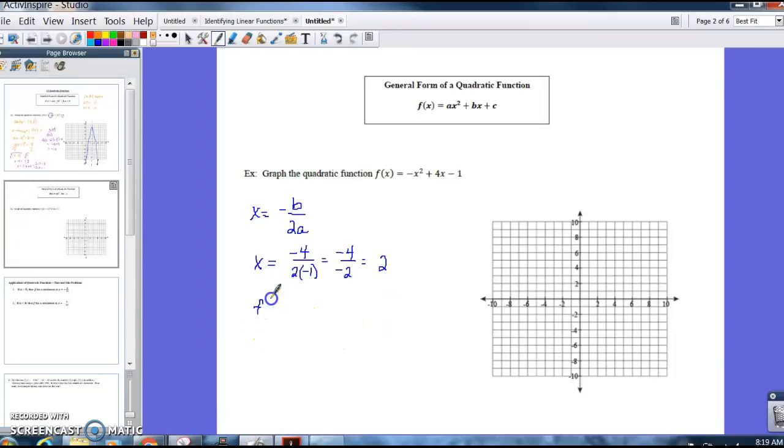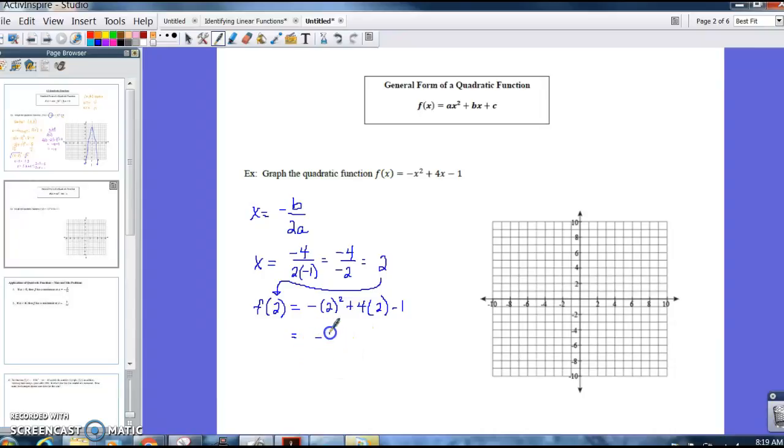And now to find the y-coordinate of my vertex, I just plug that value back into the original function. So now I'm going to find f of 2. So I have negative 2 squared plus 4 times 2 minus 1.